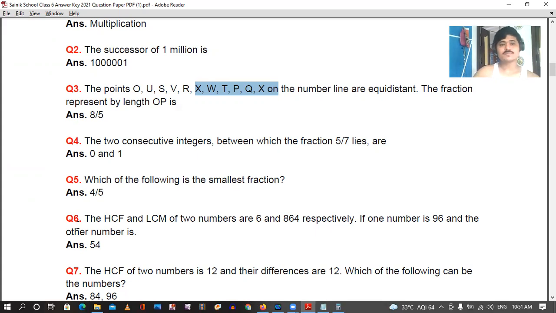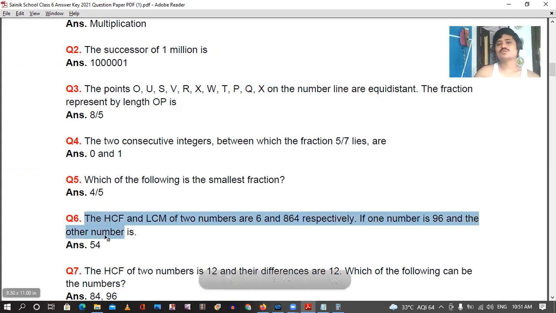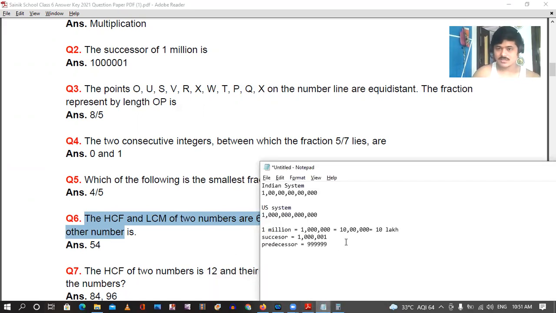You can decide that way as well. The LCM and HCF of two numbers are 864 and 6 respectively. One number is given and the other number you have to find. Remember, there is one very easy formula: LCM into HCF is equal to number 1 into number 2.